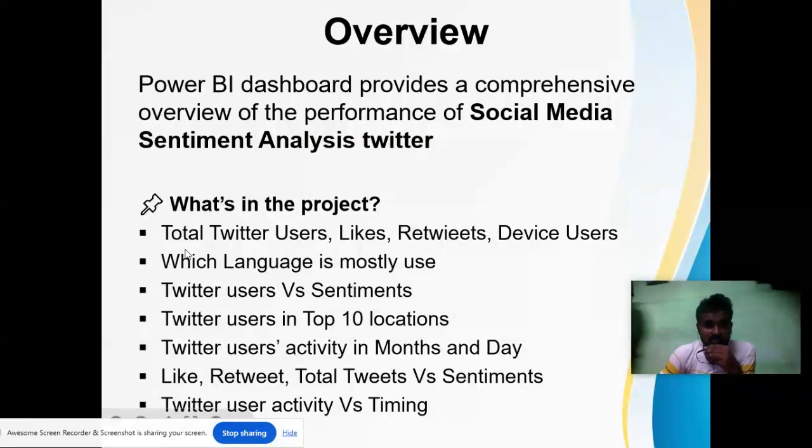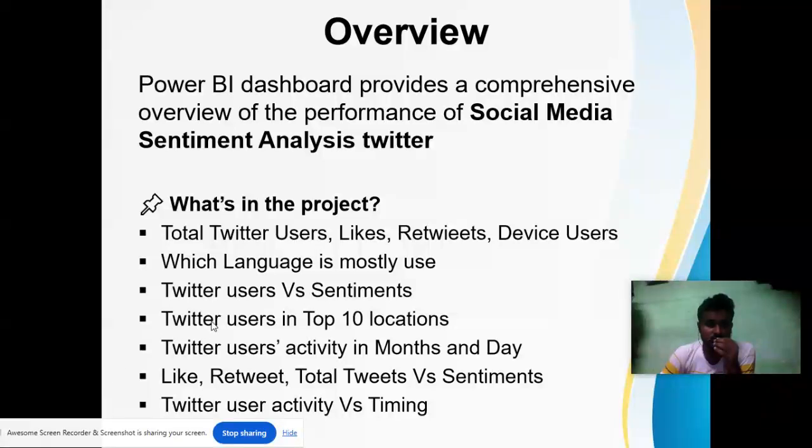So these are our key metrics: Twitter user likes, retweets, device used, which language is mostly used, and tweet user versus sentiment. I mean, Twitter user characteristics against any type of overall comment.